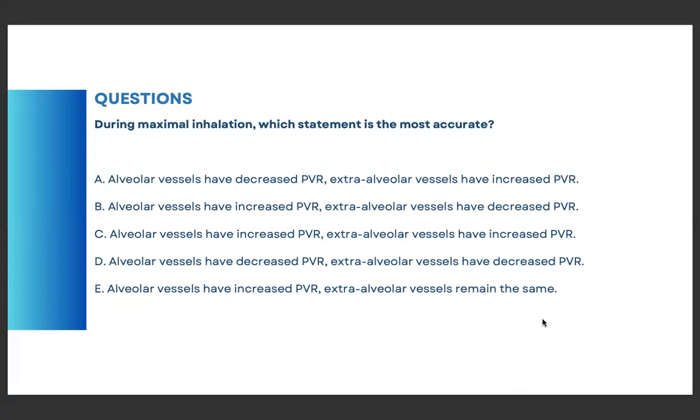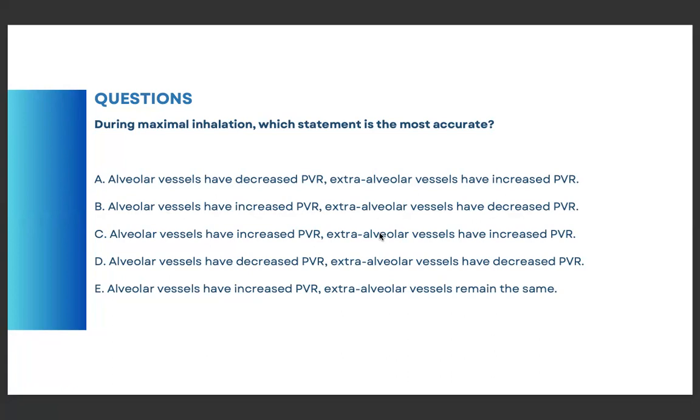Okay, so the answer here would be B. As we said, when you're inhaling, your alveoli are expanding. Your alveolar vessels are right under those alveoli. Imagine you have a box with a balloon and a tube inside of it.